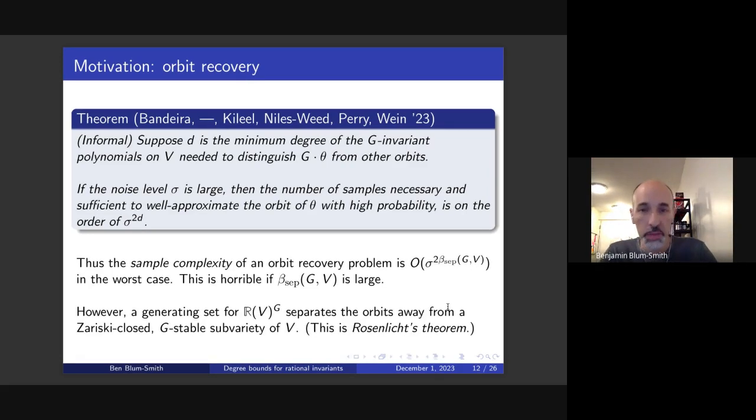And this is useful, but it's horrible if beta sep is large because it's exponential in beta sep. So we might be able to get away with something better if we're willing to work with a generic signal rather than a worst case signal. And this is where you can start to see the connection to the topic that I've posed for us, because there's a classical theorem called Rosenlicht's theorem that says that a generating set for the field of rational invariants automatically separates generic orbits.